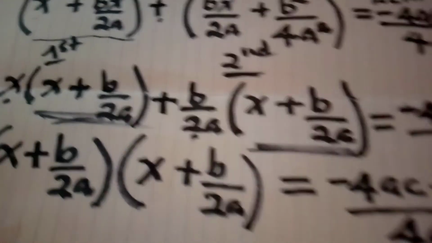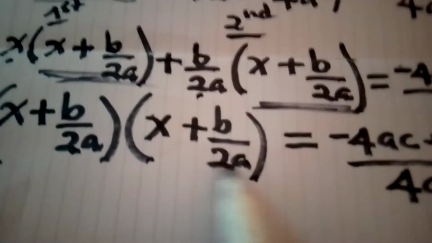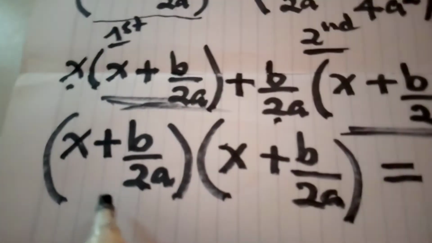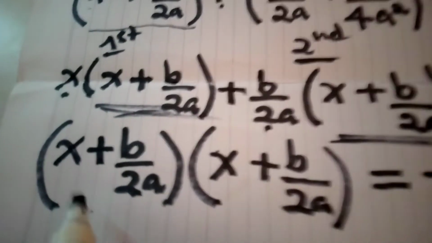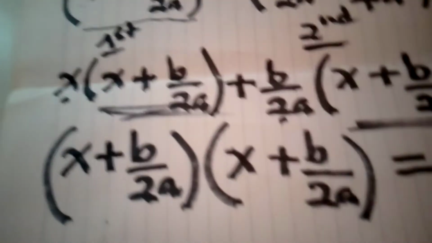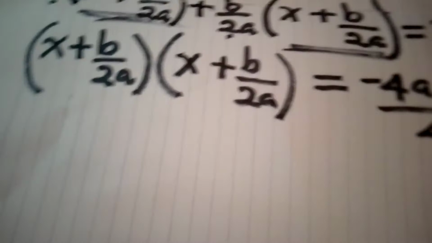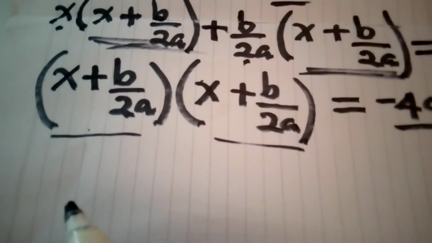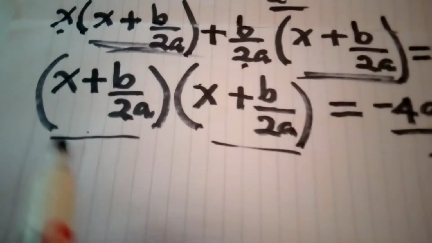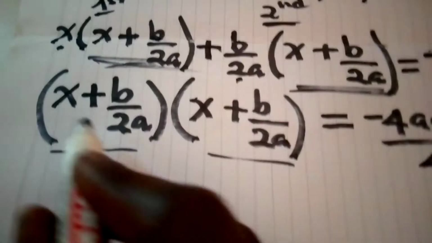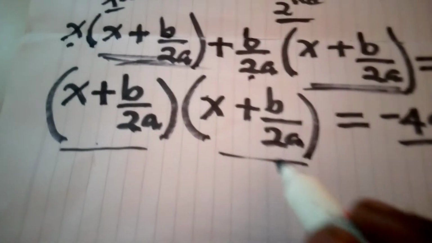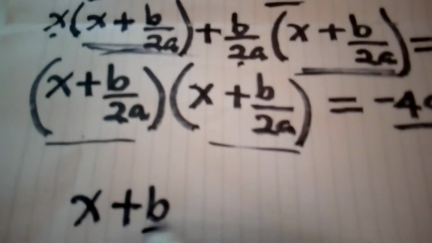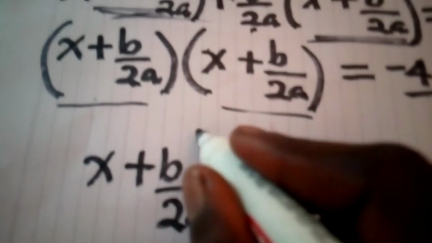So when we are to divide that, when you look at this equation here, the left hand side have the same common members in each of the brackets. So which means when you have to multiply the two brackets which are the same, these brackets are all the same. So if the members are the same, then we shall only square. So when you multiply the two similar things, you'll have x plus b all over 2a, the whole thing.